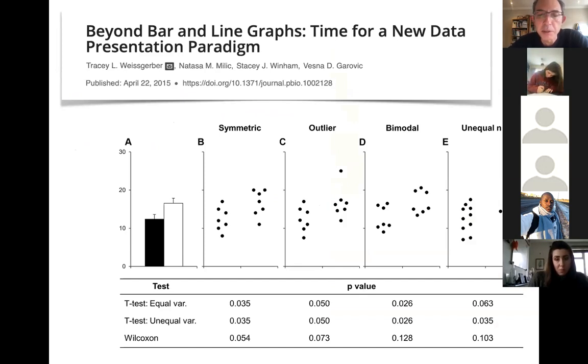Realizing that, well, histograms, is that really the best way to convey data to your readers and to convince your readers and reviewers about your data when you have much more powerful ways of displaying data, especially these days with tools like ggplot and so on. And this paper, which is not so old, it's only 5 years ago, is really talking about a new paradigm for data presentation.